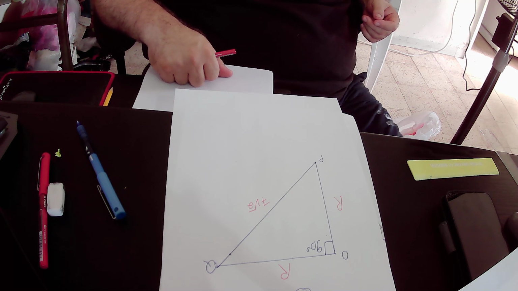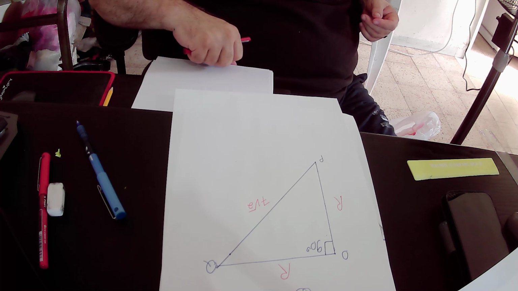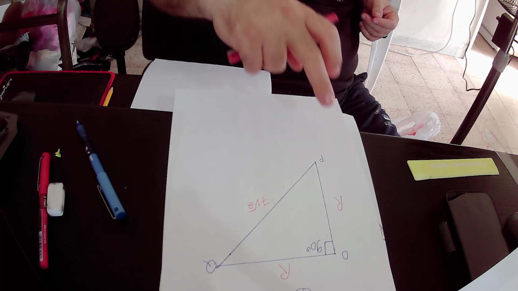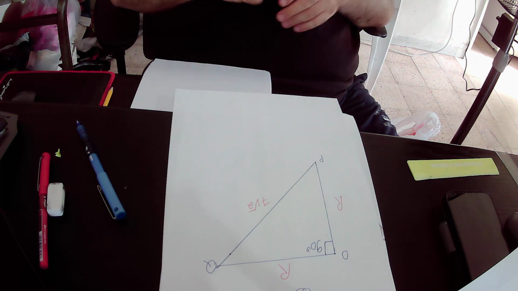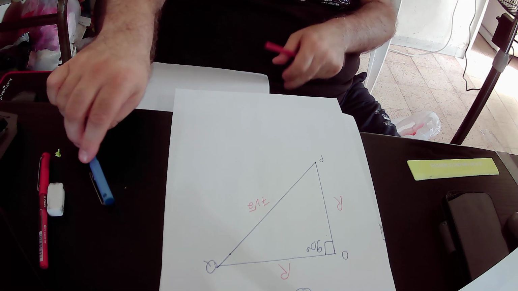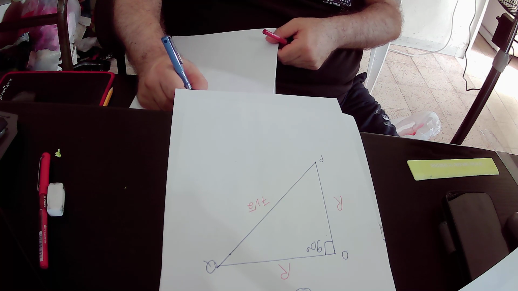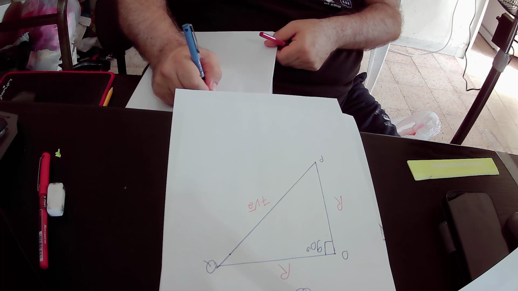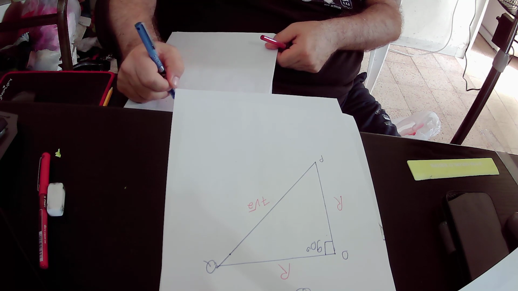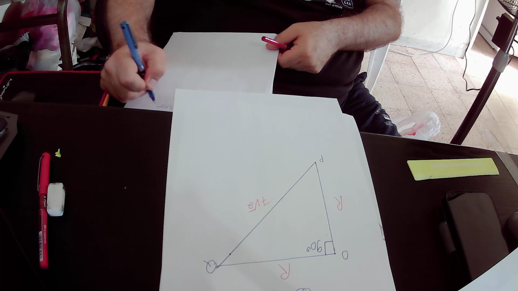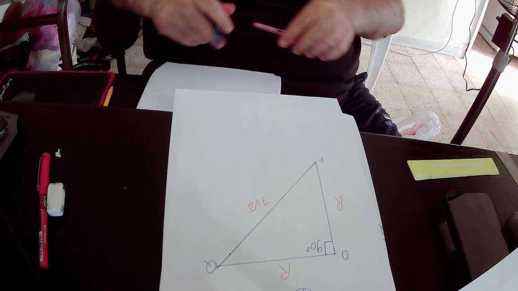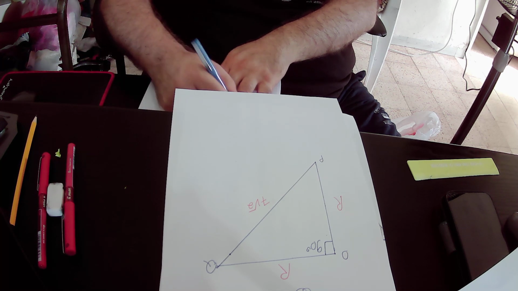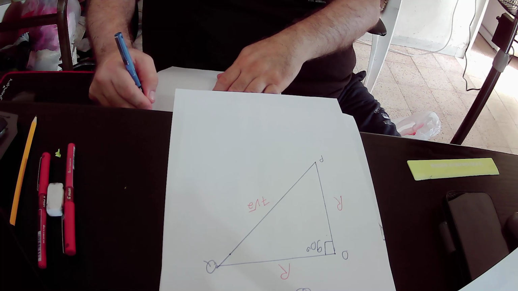So I will write down the Pythagorean theorem, and then we will implement the theorem in our right triangle in order to find out the value of capital R. Okay, so actually the Pythagorean theorem states that, so as I've already told you, it applies only to right triangles.